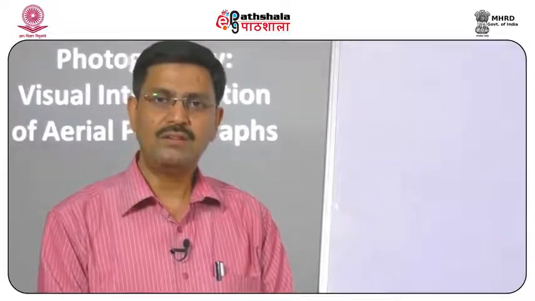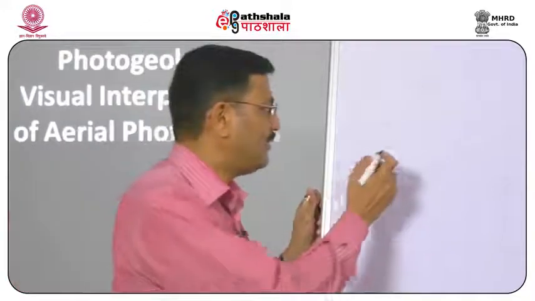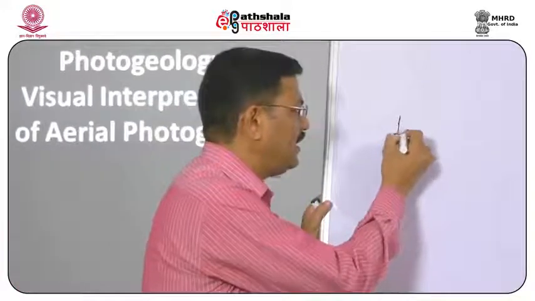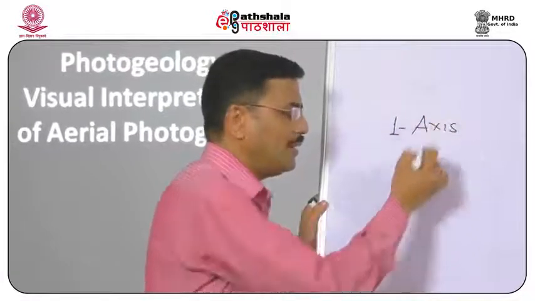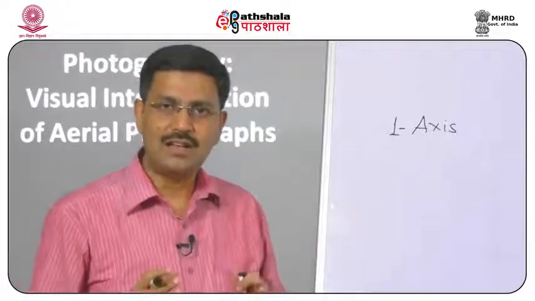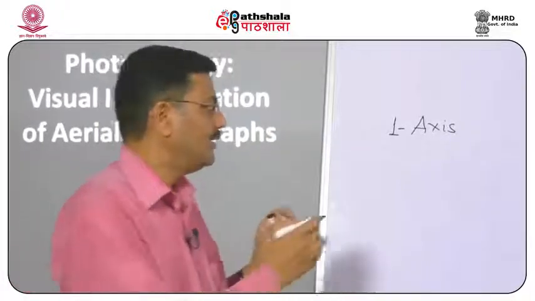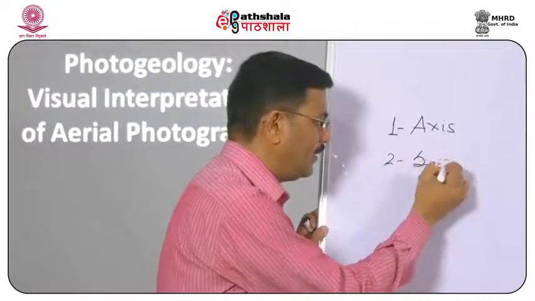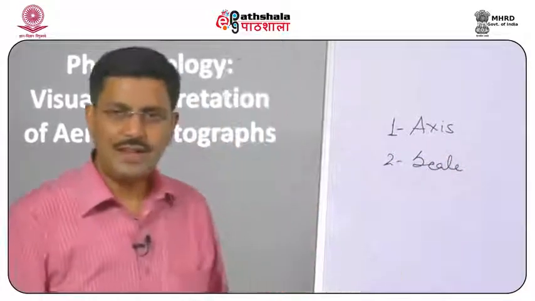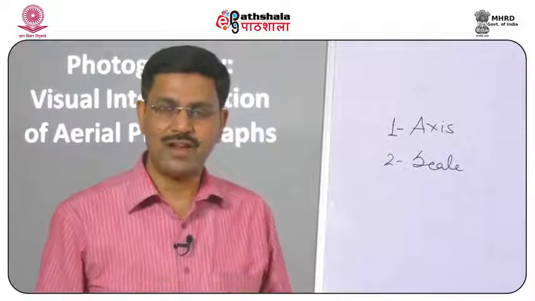On the major basis, there are three bases on which we can classify aerial photographs. The first is the axis, that means the camera axis. Second is the scale, that means the scale of the aerial photograph.